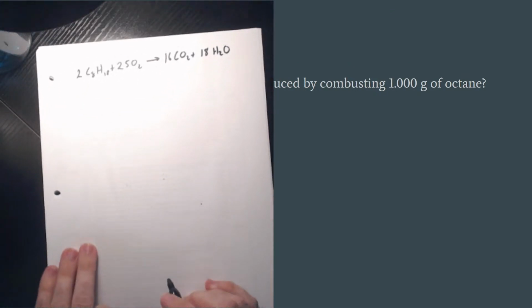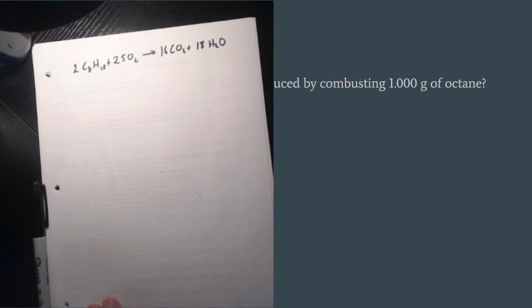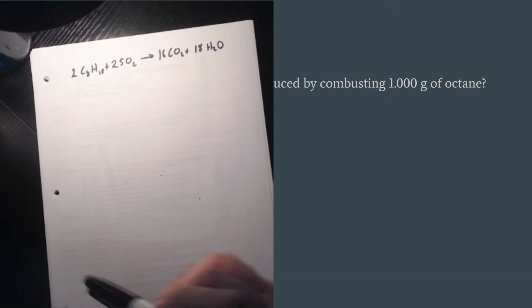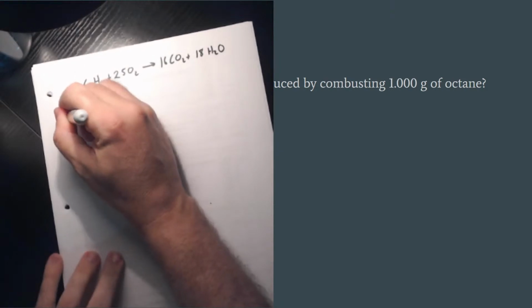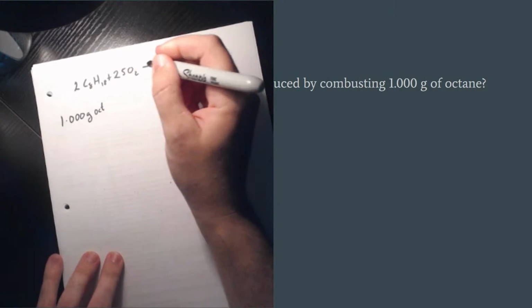So 1 gram of octane, how many grams of carbon dioxide? So 1.000 grams of, I'm just going to call it octane.